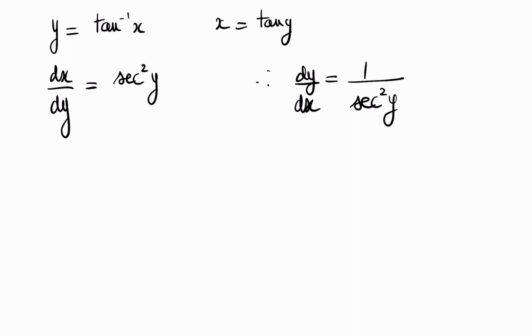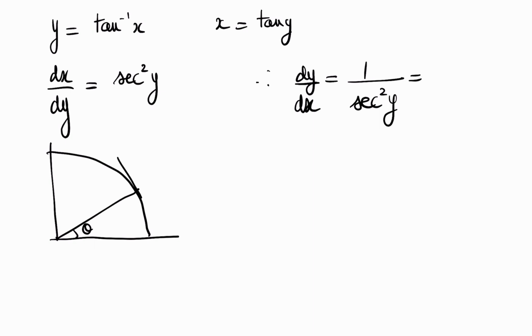Now, using the Pythagorean relationship of the unit circle, I'm just going to draw that again here. We have the unit circle, we have here theta, and here we have the tangent, so this value here is tangent theta, and this is secant theta, from here to here. So therefore secant square theta is equal to 1 square plus tangent square.